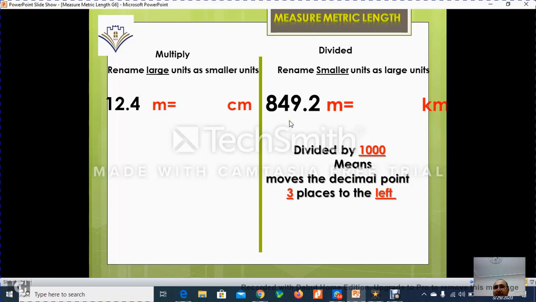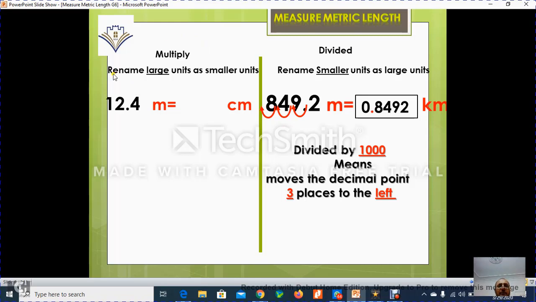Look at me, 3 spaces: 1, 2 and 3. Again, 1, 2, 3. Then the point is here before 8, and the answer is 0.8492.